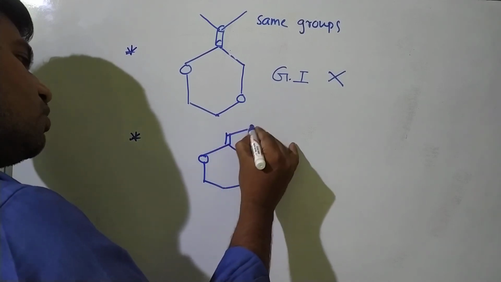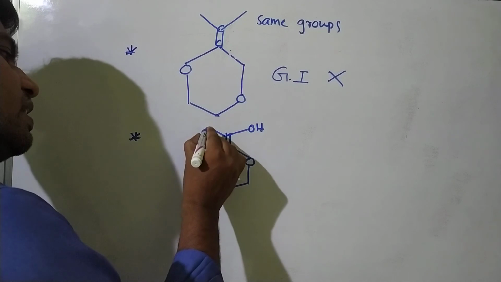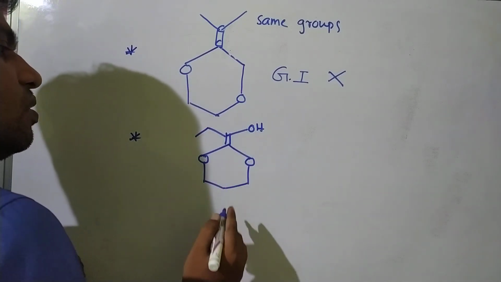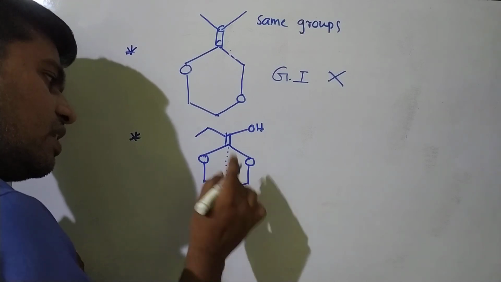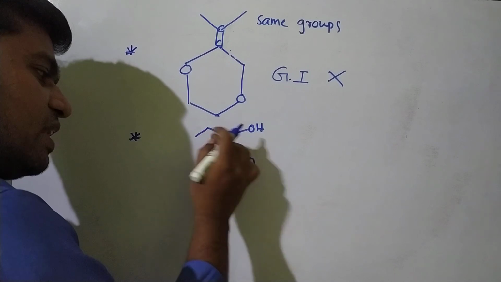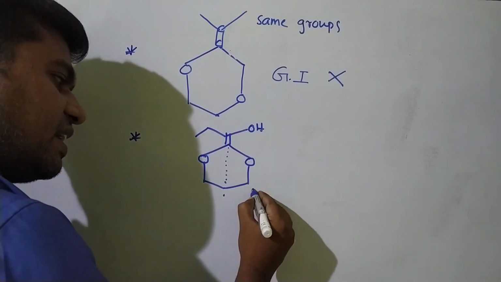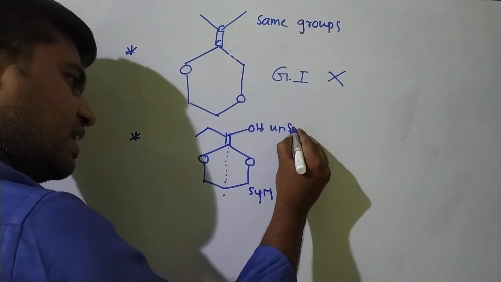Now here a double bond, here OH, and here an ethyl group. Now bifurcate this molecule like this. Here two groups are different, but this side is symmetric. So this side is symmetric, this side is unsymmetric, meaning different.